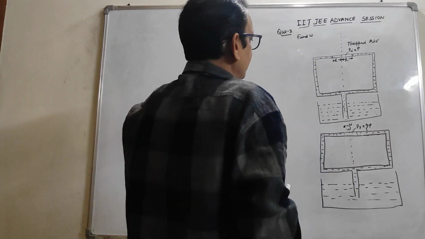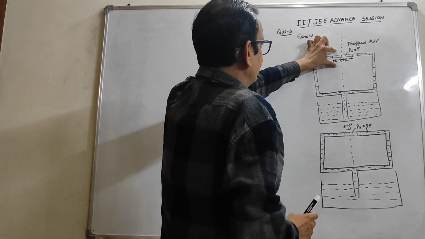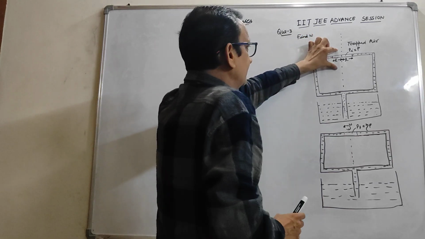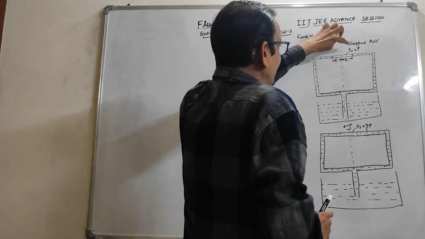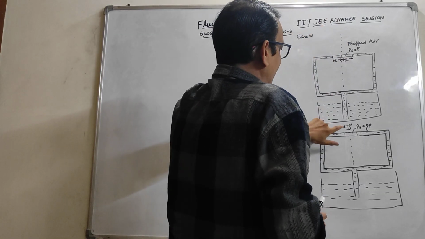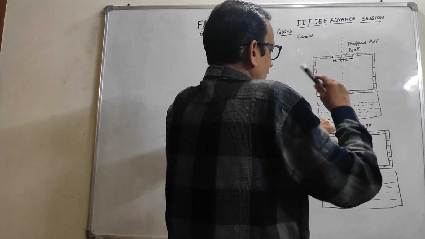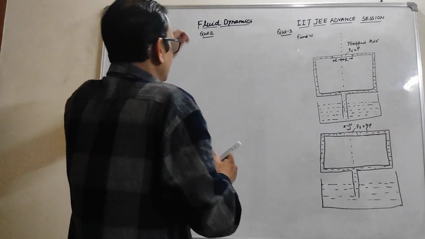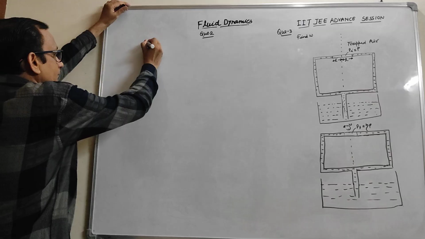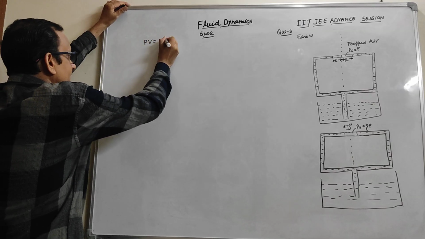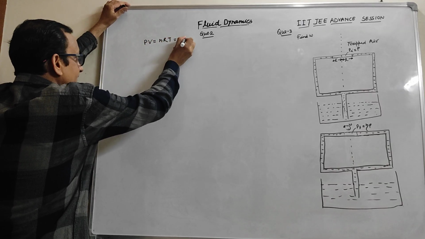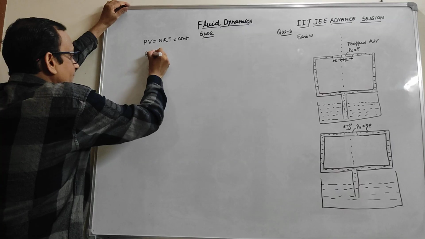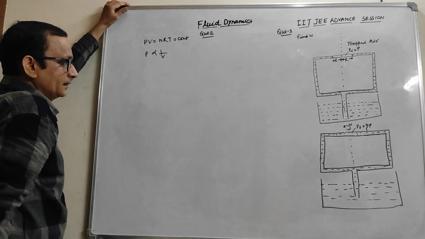So here the air is trapped, and pressure is P at the initial condition, and on rotating with constant angular velocity, the pressure becomes eta P. So we know PV equals nRT. This is constant, so pressure is inversely proportional to volume.